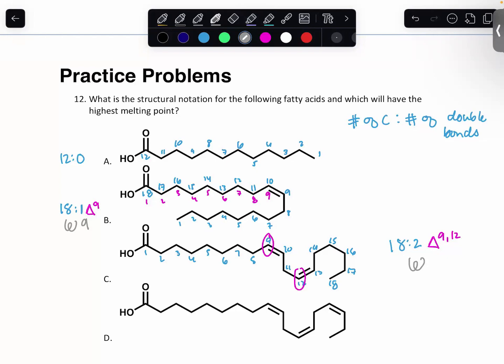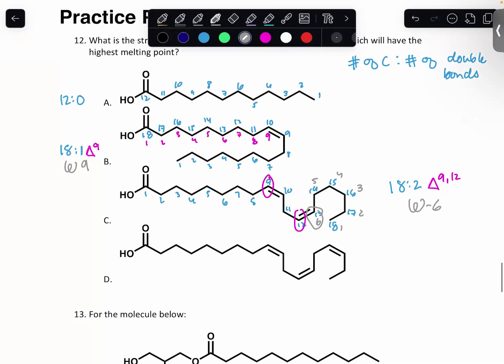What about that way? 6. What about the last one? 18:3. What's our delta?